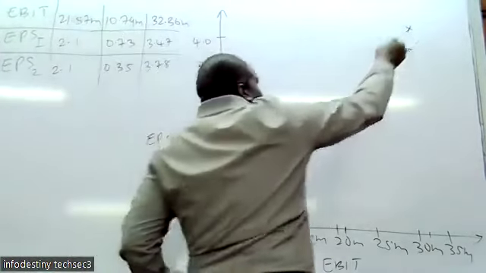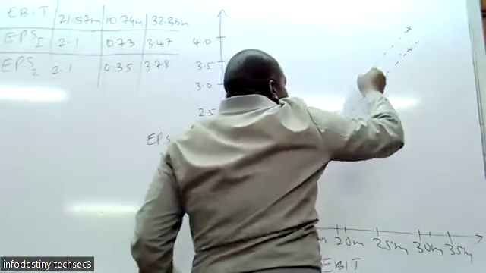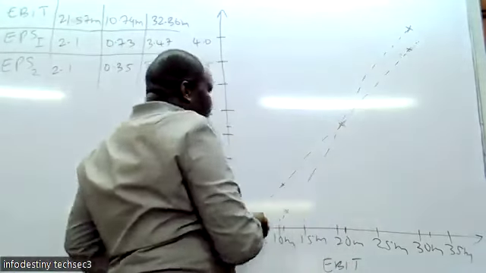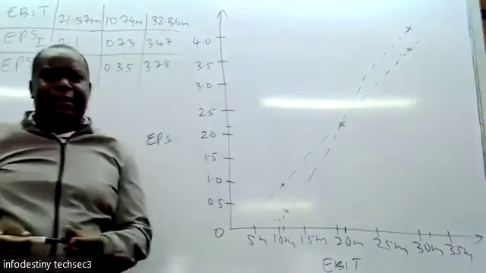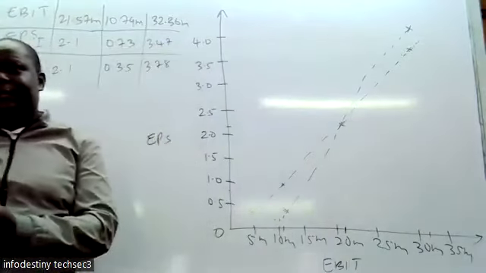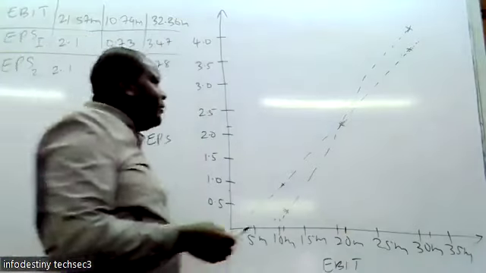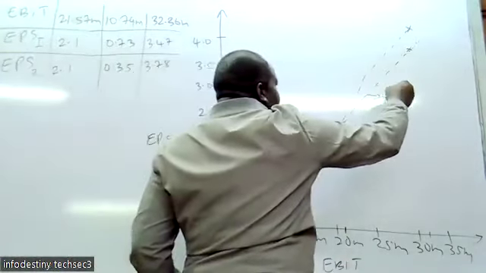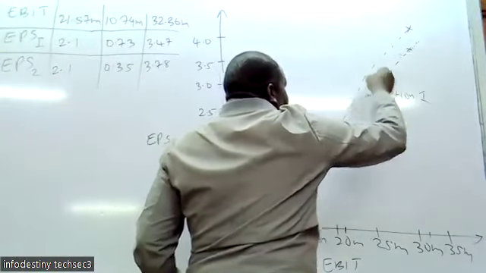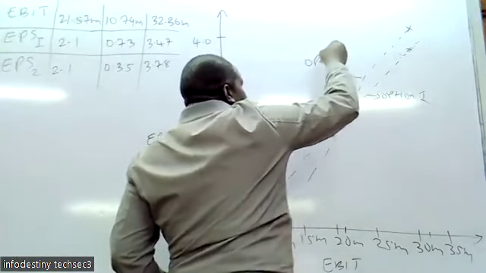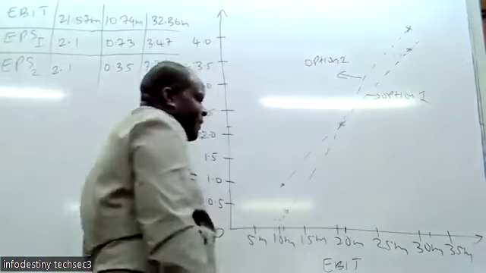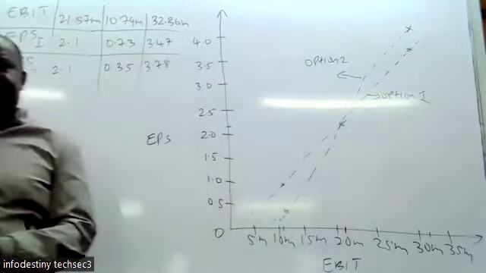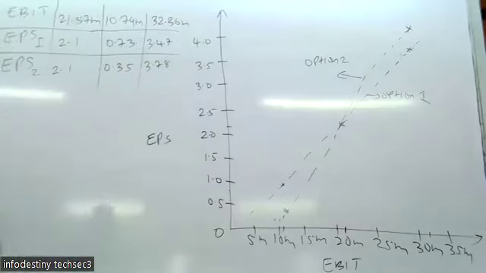Then option 2 will come like this. So this was option 1, and now this is option 2. If you draw on the scale, that should be the graph, which is how to present them using a graph.